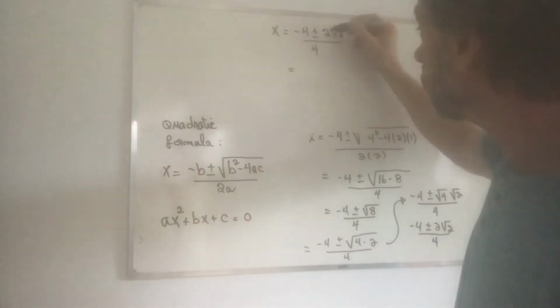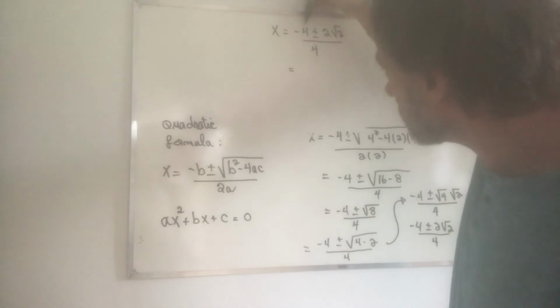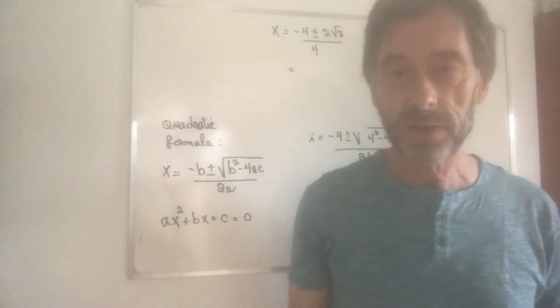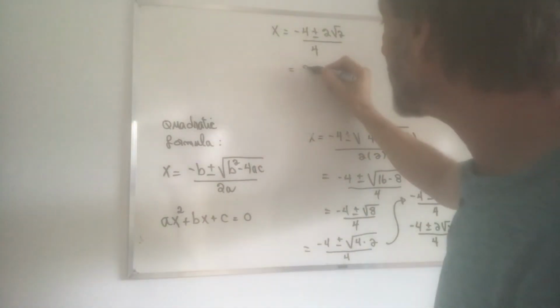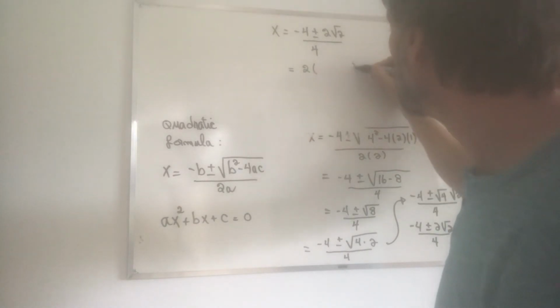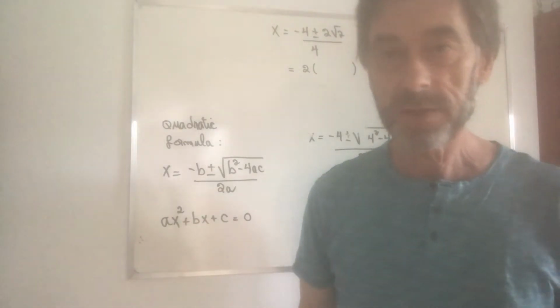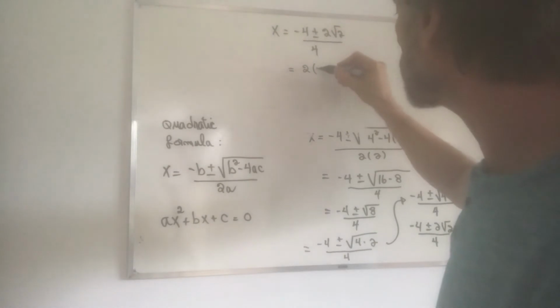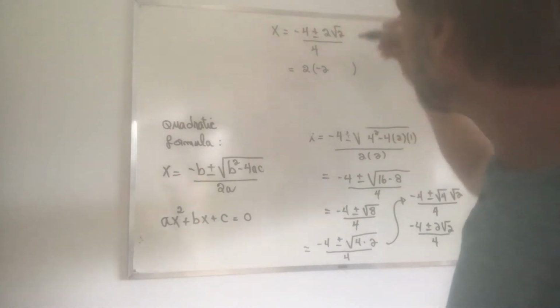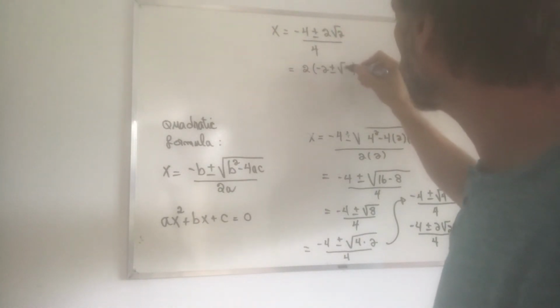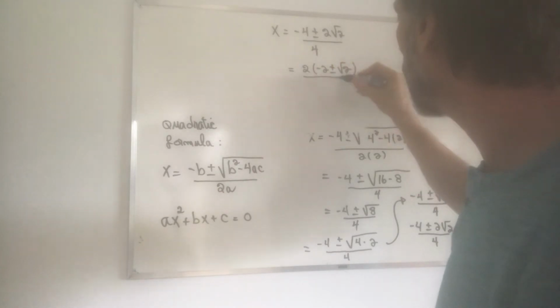I can't cancel the 2 and the minus 4, because once again the 2 is linked to the minus 4 by a plus or a minus sign. But perhaps I can take out a 2 from the numerator. Take out a 2 from minus 4 is minus 2. Take out a 2 from 2 root 2, you are left with root 2, all over 4.